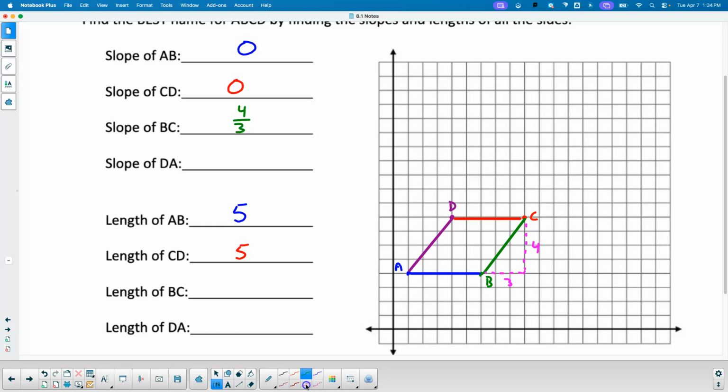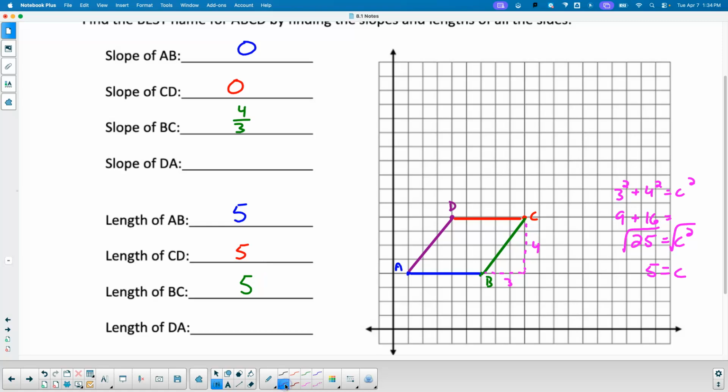Length of BC, well, that's going to be 3 squared plus 4 squared equals C squared. 9 plus 16, C squared is 25. Take the square root of both sides. 5 is C. So that one's also 5. Okay. That helps out.